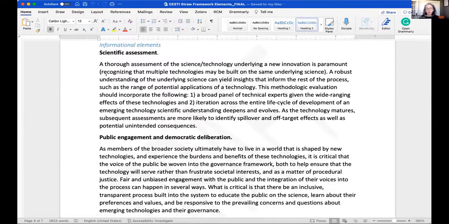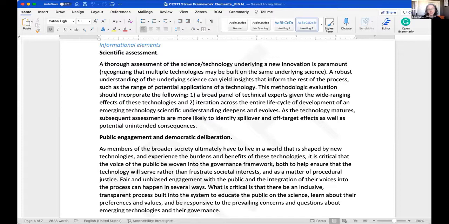We highlight 2 informational elements: scientific assessment and public engagement and democratic deliberation. Of course, a thorough assessment of the science and technology underlying new innovation is critically important. And we recognize, of course, that multiple technologies might be built on the same underlying science.